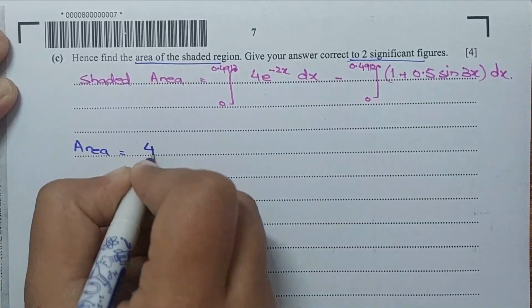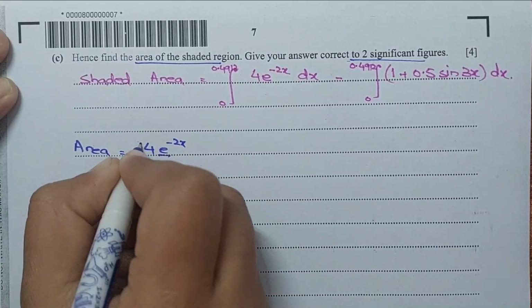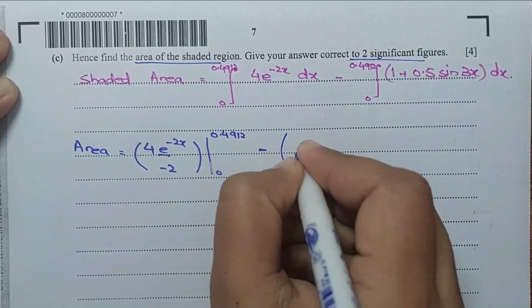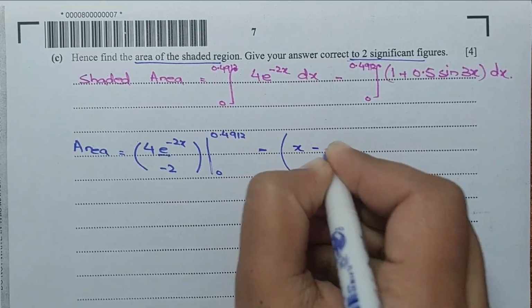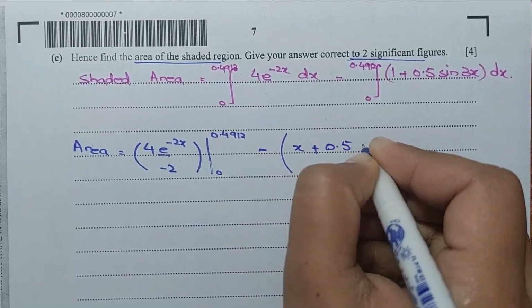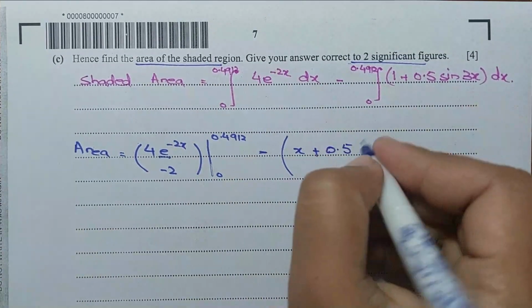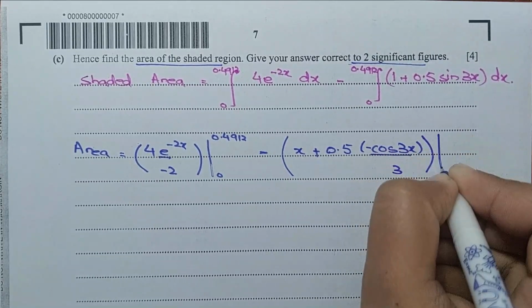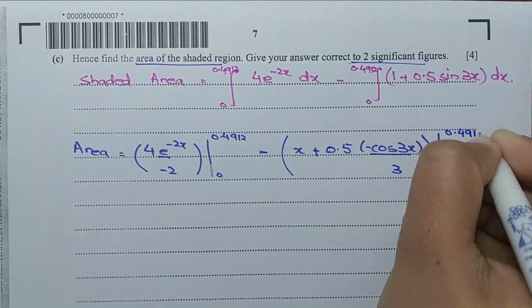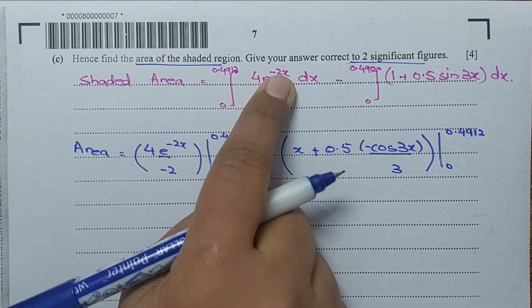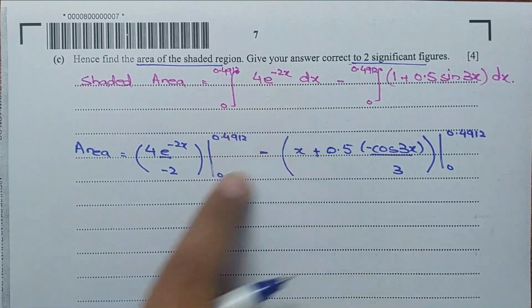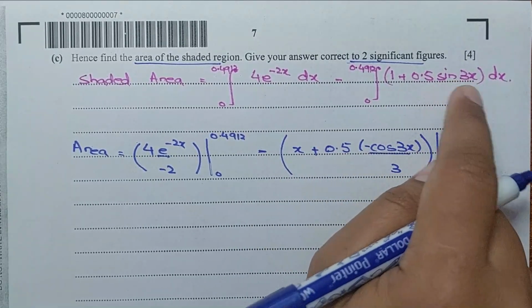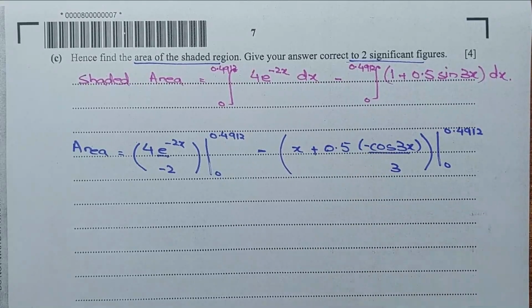The area becomes 4 to the power minus 2x divided by minus 2 from 0 to 0.4912, minus this integration: the integration of 1 is x, 0.5 is a constant term, the integration of sine is minus cos, so minus cos 3x, and the derivative of 3x is 3, so divided by 3, from 0 to 0.4912.